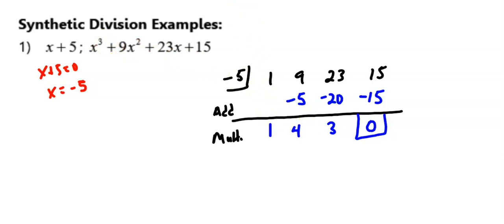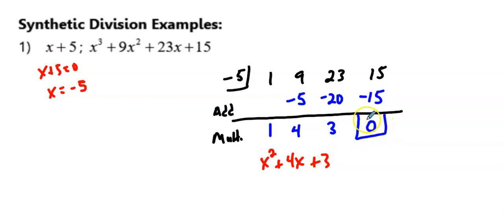We'll always take 1 less, and these will be our coefficients. So we're going to start with the square: x squared plus 4x plus 3. That would be the remaining polynomial.